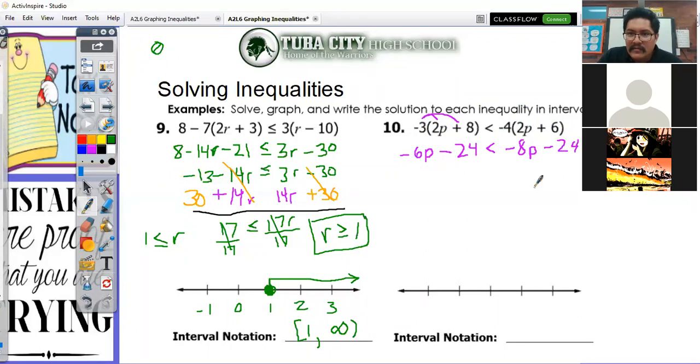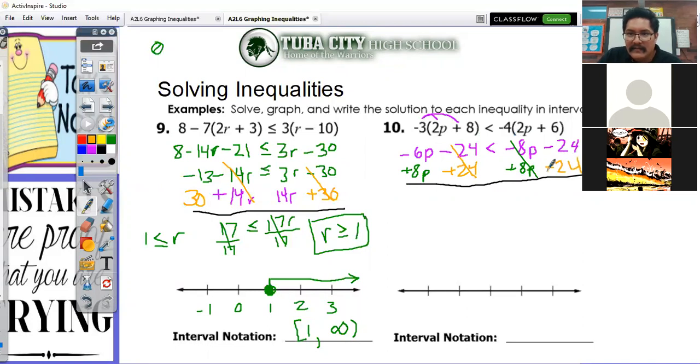All right, now I got to move p. Look at the p. I can either add 8p to both sides or add 6p to both sides. If I add 8p to both sides, that's going to put it on the left side, and keep it positive, which is what I want. I'd rather keep it positive. And in the meanwhile, I'm going to add 24 because I want to cancel it here.